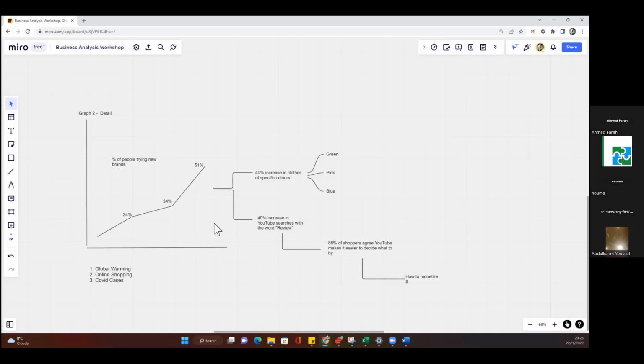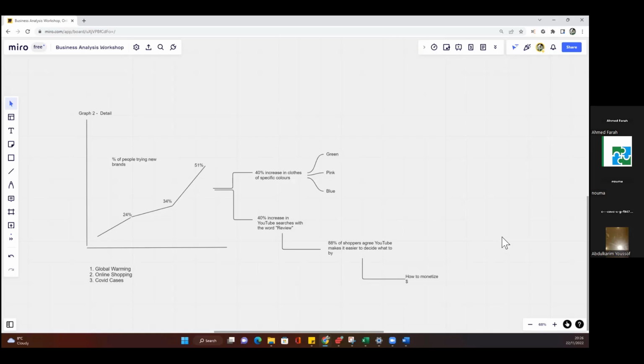In a practical example, the business analyst is going to collate all this data first, then identify a business opportunity, and then present that to a business or an organization, and then get it implemented. So that's what a business analyst does. Does that make sense?